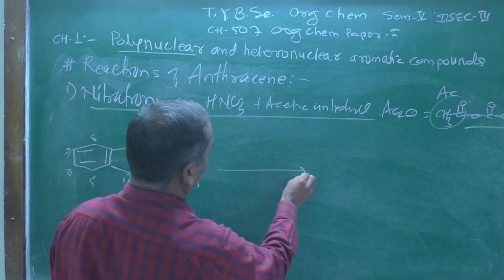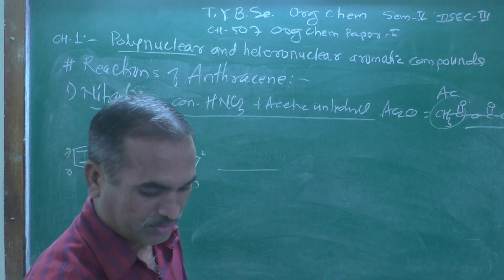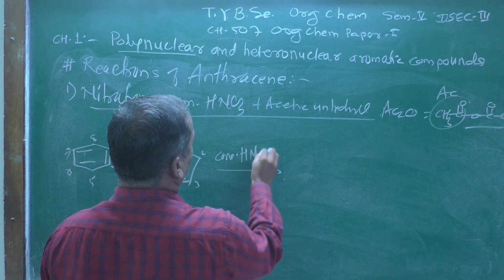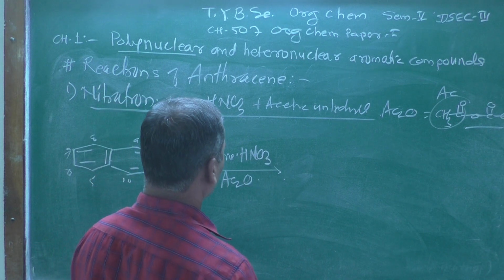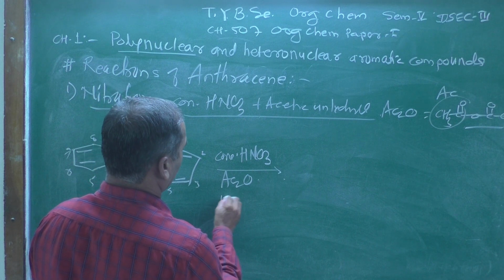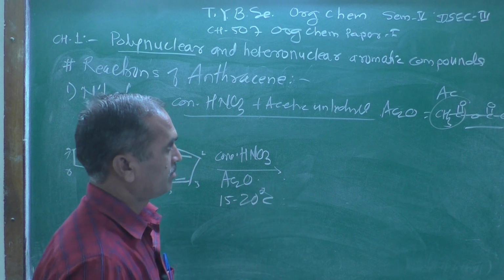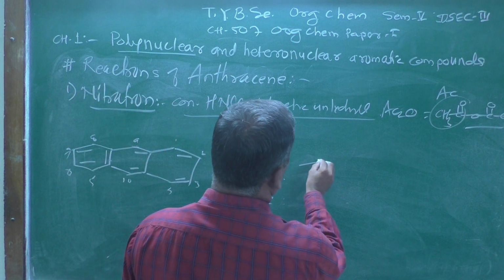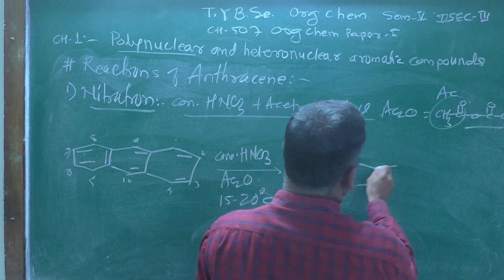When it is treated with concentrated nitric acid, HNO3, in the presence of acetic anhydride, Ac2O, and the temperature is kept around 15 to 20 degrees centigrade, the product will be a mixture of products.